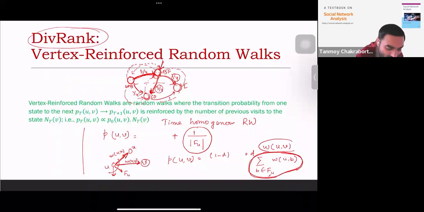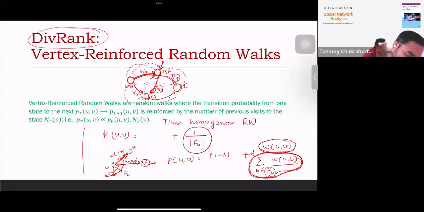F_U is all the forward nodes, so the total weight would be this one. And how much is contributed for this node v? This is w_uv. Now in the unweighted case, if everything is 1, then this is simply 1 by F_U. So this is this factor.